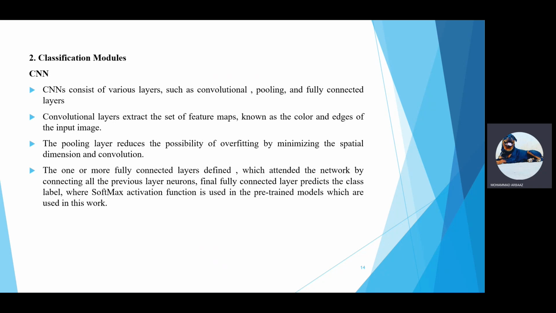The pooling layer reduces the possibility of overfitting by minimizing the spatial dimension of the convolution. Then one or more fully connected layers are defined, connecting all the previous layers' neurons. Finally, the fully connected layers predict the class labels, where the softmax activation function is used in the pre-trained models which are used in this work.